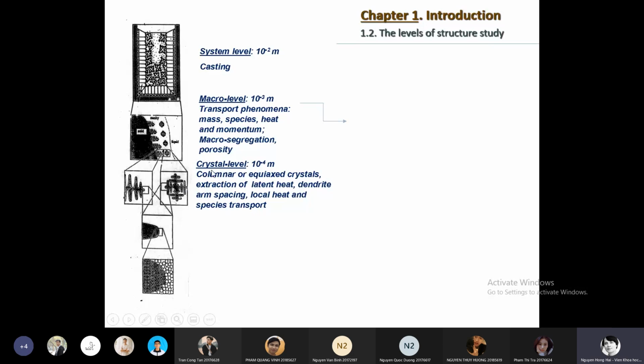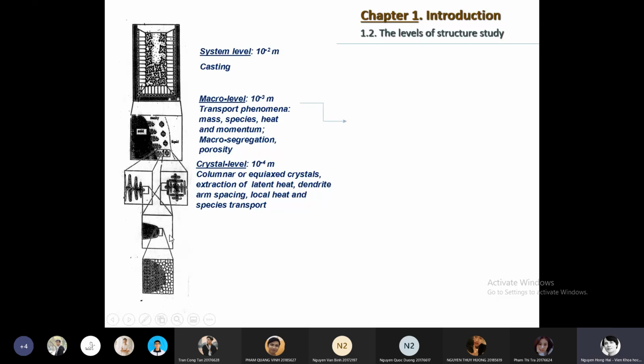So at this level, you can study columnar or equiaxed crystals, the release of latent heat, and dendrite arm spacing, the distance between the dendrite arms. Local heat and species transport at this level. If we magnify the dendrite tip, here, you can have this.